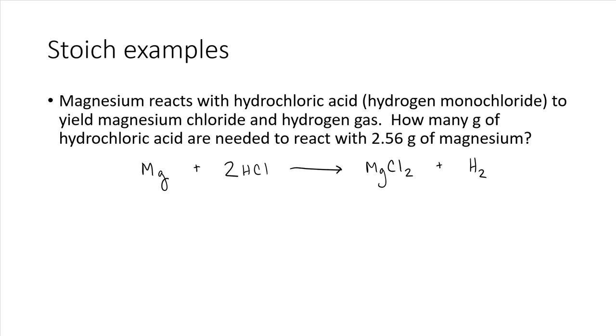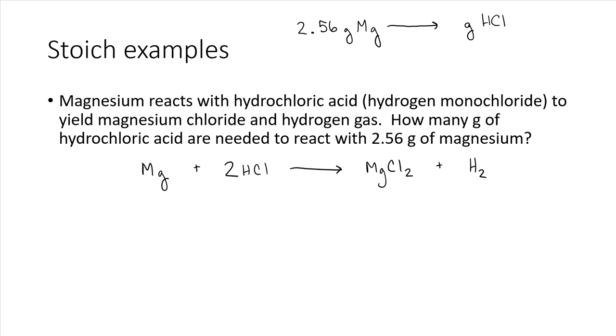So all of those coefficients are ratios to each other. Now let's try to figure out exactly what we're doing. We're trying to go from 2.56 grams of magnesium, and we're going to convert that into grams of hydrochloric acid. Okay, so we're going from grams of magnesium to grams of hydrochloric acid.